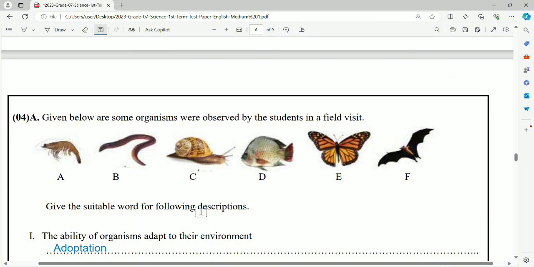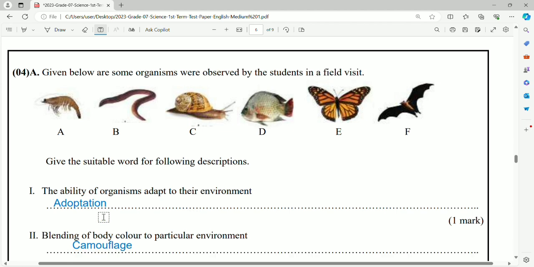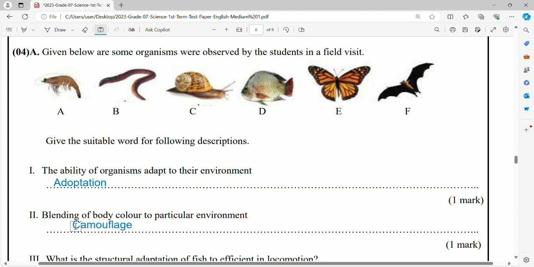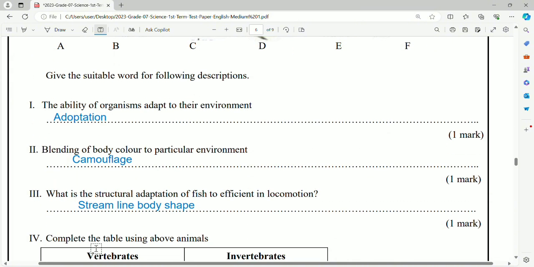Fourth question. Given below are some organisms observed by the student on field visits. The ability of an organism to adapt to its environment is known as adaptation. Blending body color with a particular environment is camouflage. What is the structural adaptation of fish?